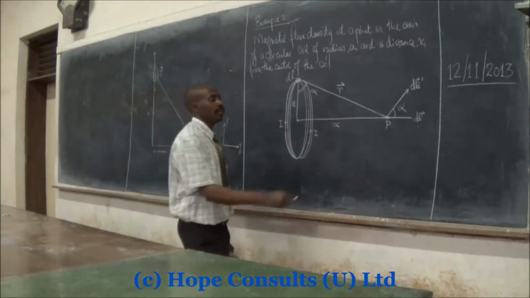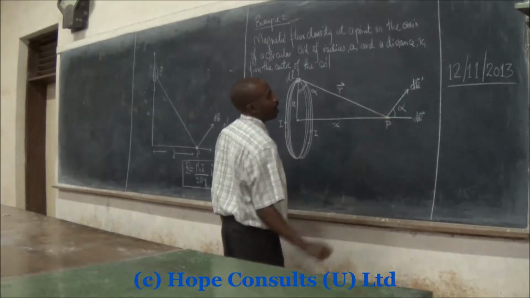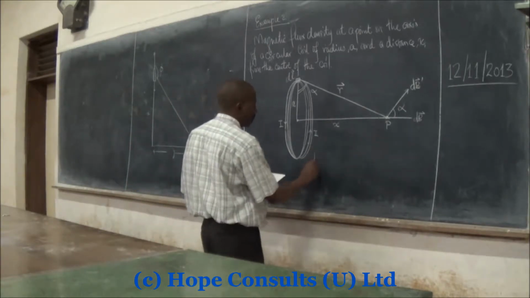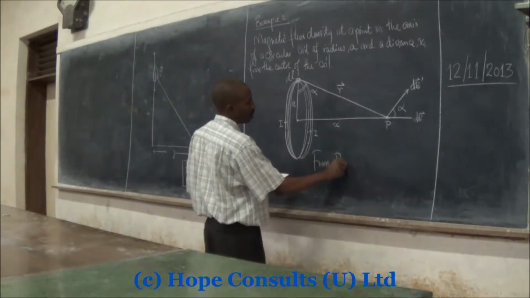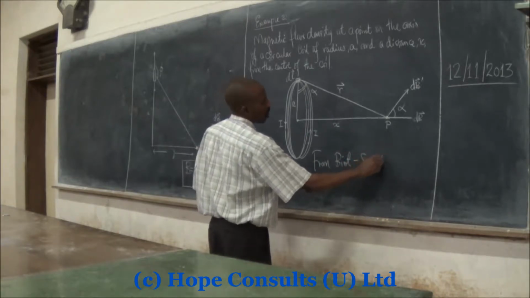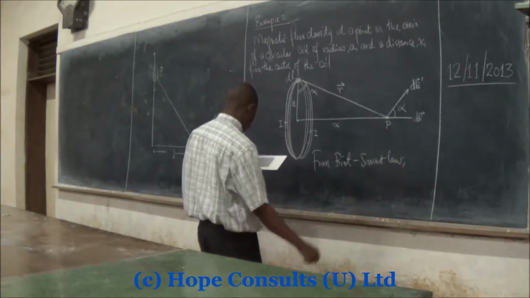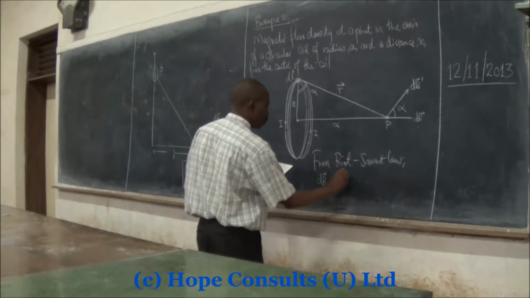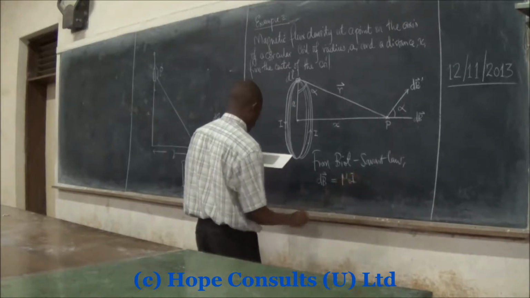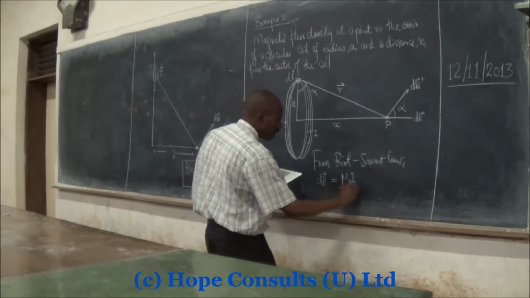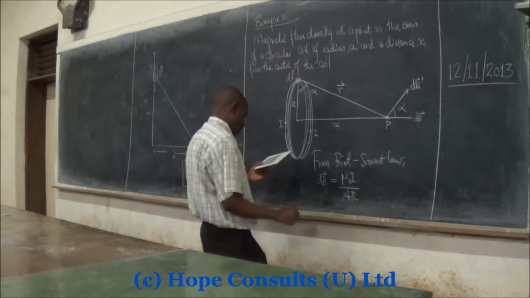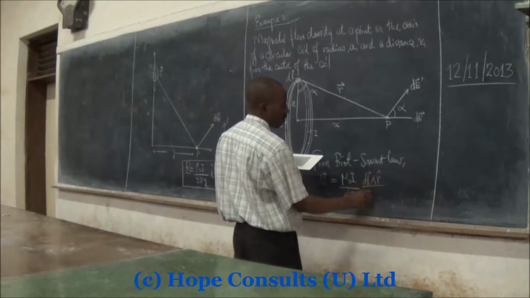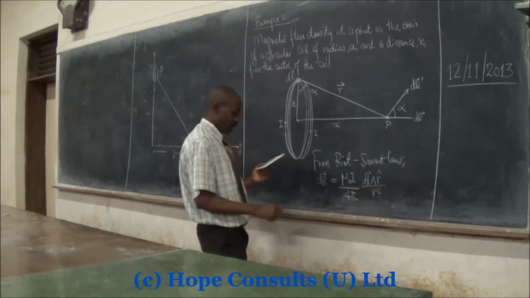If we took this to be 90 degrees, so we got that from Biot-Savart. Then we have that the magnetic flux density is equal to mu naught I over 4 pi, then we have dl cross r roof, and below will be r squared.